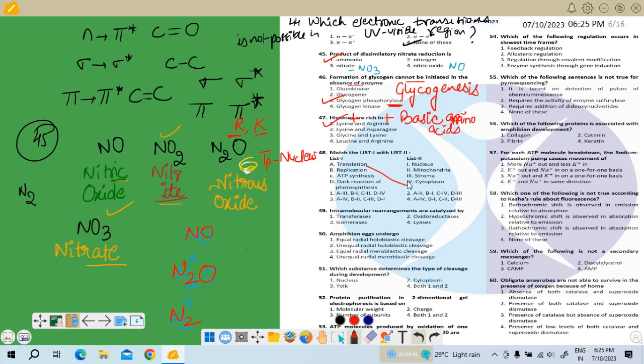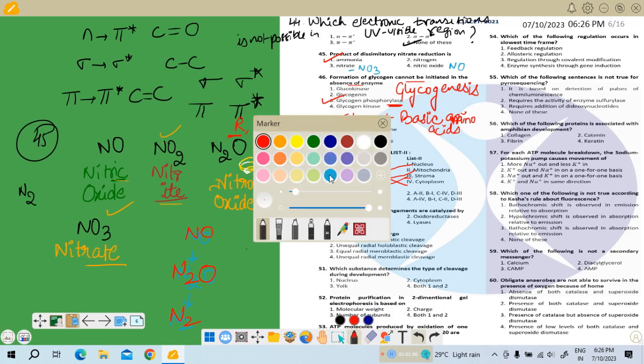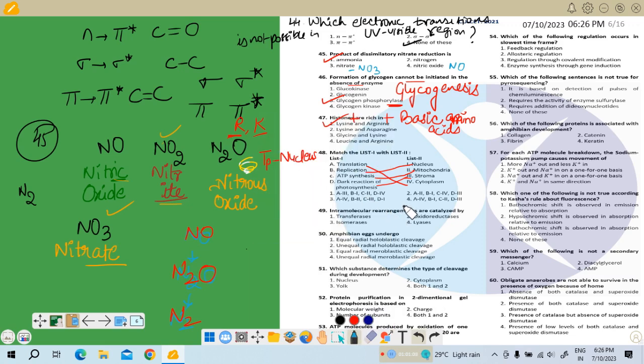Replication is in nucleus. ATP synthesis is in mitochondria. Dark reaction is in stroma. And light reaction is in thylakoids, grana. Okay, so option number 4.